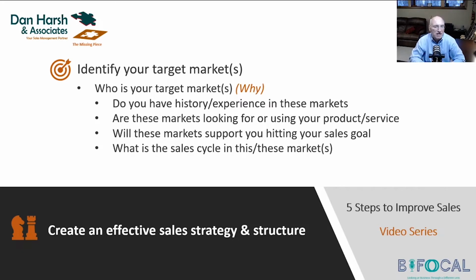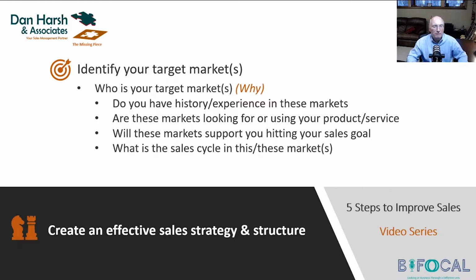What's the sales cycle in these markets? Is the sales cycle conducive to your sales goal? Is the sales cycle going to enable you to turn deals in this market fast enough for you to achieve your goal? Are these markets consistent with your short-term and your long-term strategy?